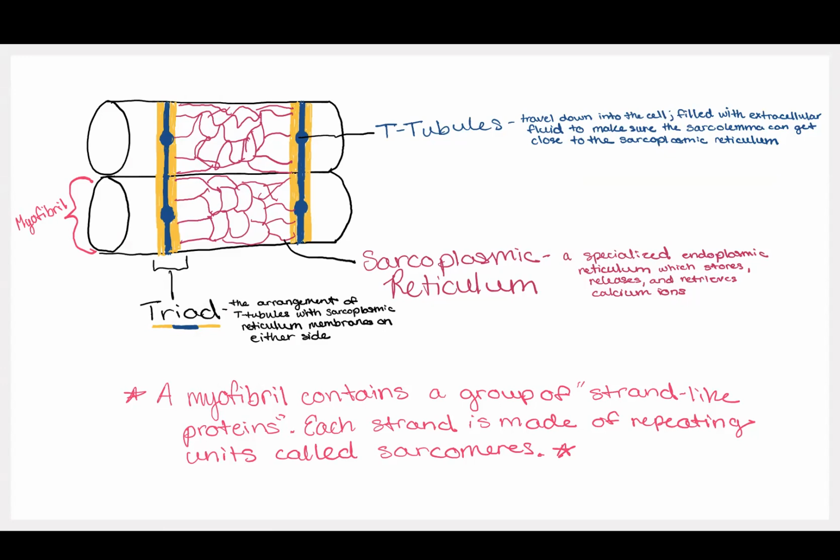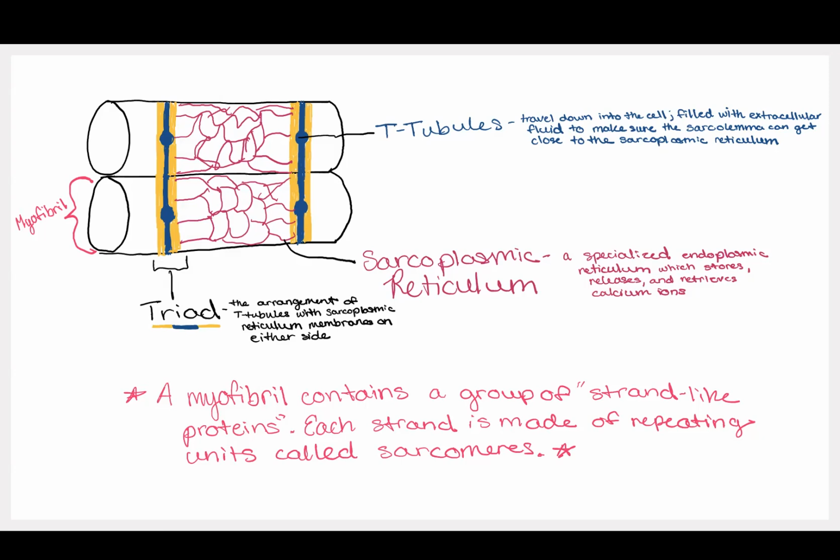Labeled in pink would be the sarcoplasmic reticulum. It's a specialized endoplasmic reticulum, or an ER, as referenced in normal cells, which stores, releases, and retrieves calcium ions. There's the triad labeled in yellow and blue.